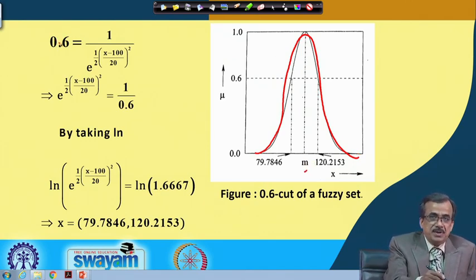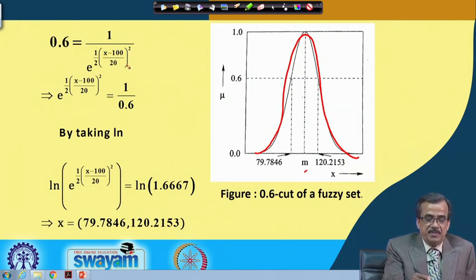Now, if you substitute the values, this will become mu equals 0.6 equals 1 divided by e raised to the power half times (x minus 100) divided by 20, squared. If you simplify, this will become e raised to the power half times (x minus 100 divided by 20) squared, equal to 1 divided by 0.6.